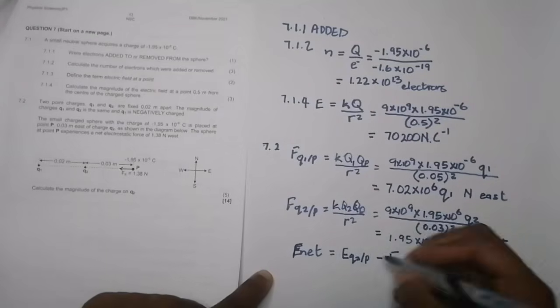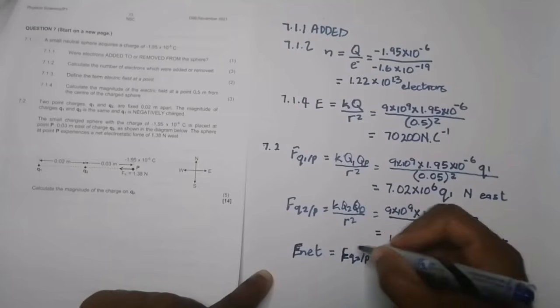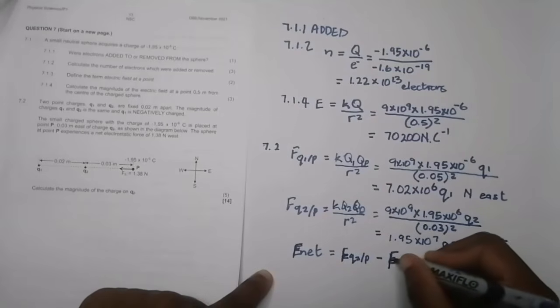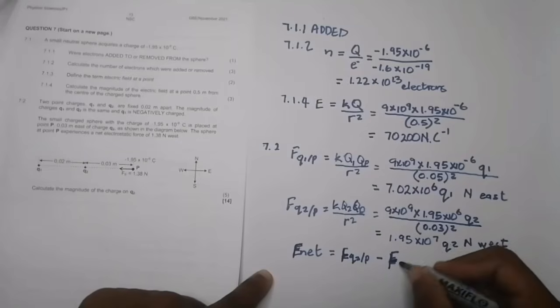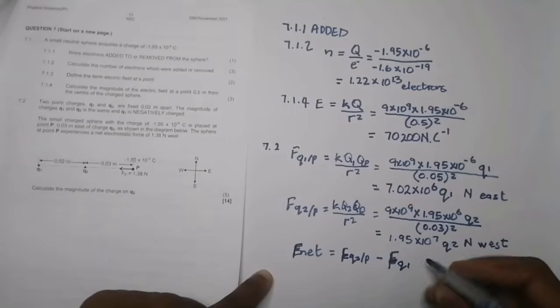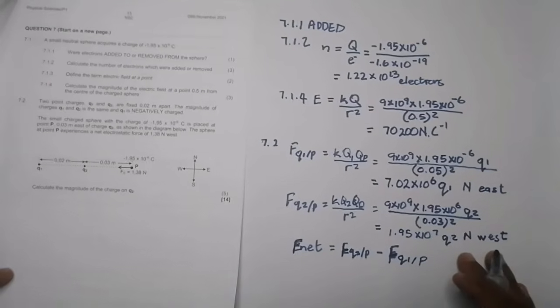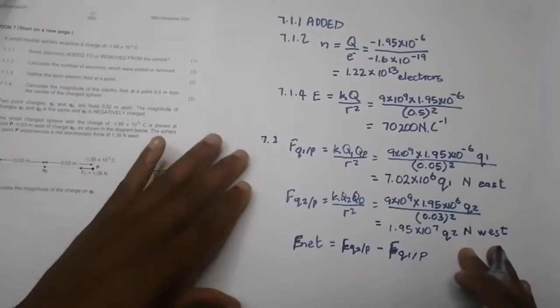I'm so used to talking about net field so much. So F net is equal to F of Q2 on P minus the force of Q1 on P. I'm sure you can already see how the cookie will crumble there.